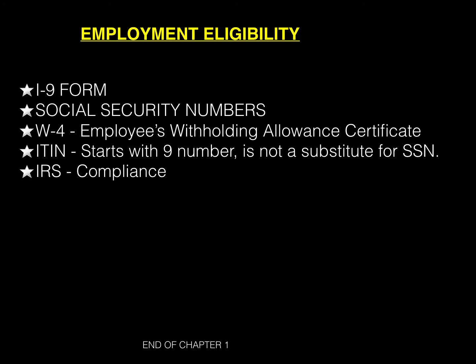Within 3 days of hiring, the employer must review the employee's documents and complete Section 2 of the Form I-9. This form must be retained for the longer of 3 years from hire and 1 year from termination.